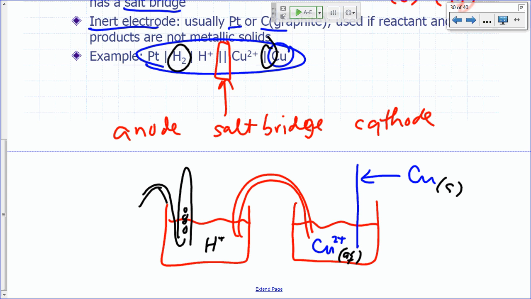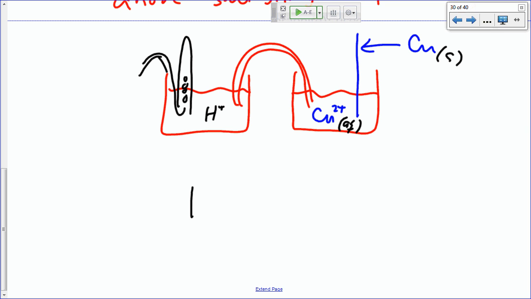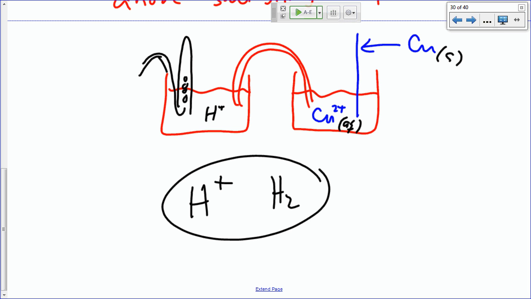And what do I need to have here? Since I don't have a piece of metal in my anode reaction, what do you think is my anode reaction? How are H plus and H2 related? If I want an oxidation half reaction, how can I write an oxidation that involves H plus and H2?